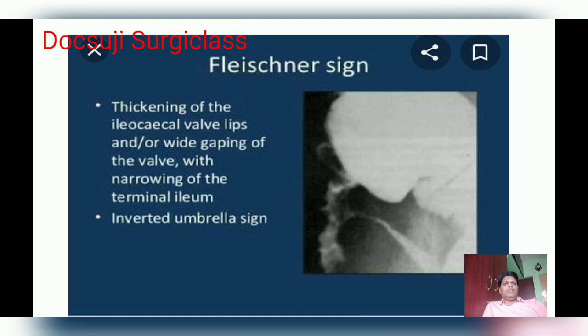So this is the Fleischner sign, which is otherwise called the inverted umbrella sign. Here you can see the thickening of the ileocecal valve, and there is a wide gaping of the valve with narrowing of the terminal ileum.